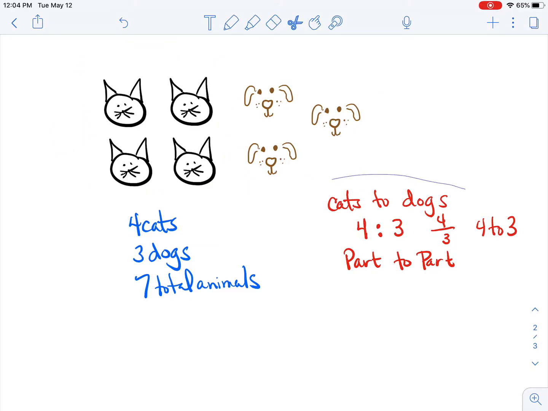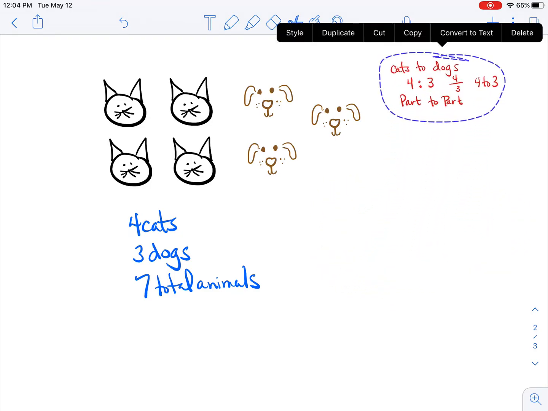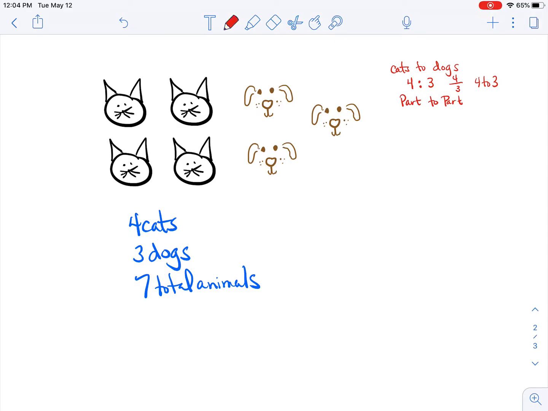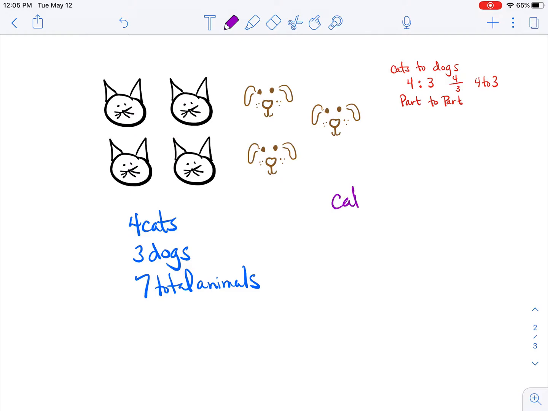All right, let's take a look at a different ratio. I'm just going to shrink that and put it up here. What if we were trying to compare the number of cats to all of the animals? Okay, there are 4 cats and there are 7 total animals. So it would be a 4 to 7 ratio.